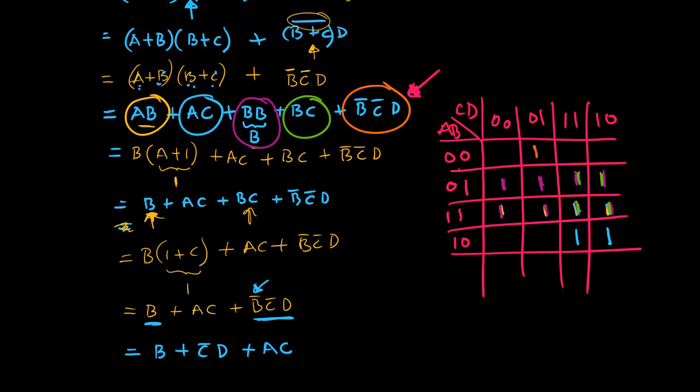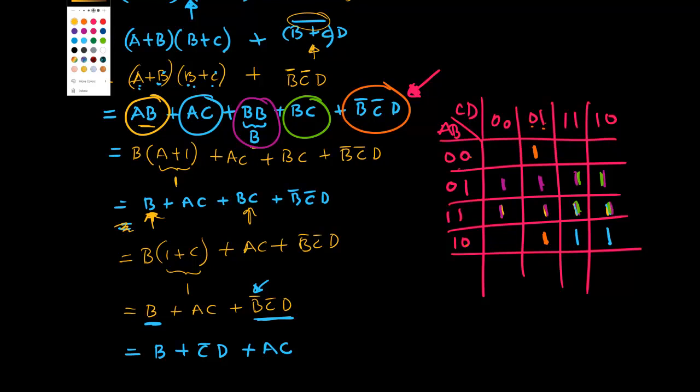So that's this cell here and this cell here, because notice A is not included in this term, so it has to account for both cells where A's value changes. So we've got a 0, 0, 1, this one, and then 0, 0, 1 is also this one. Okay, once we have that, we can start doing our encirclements.